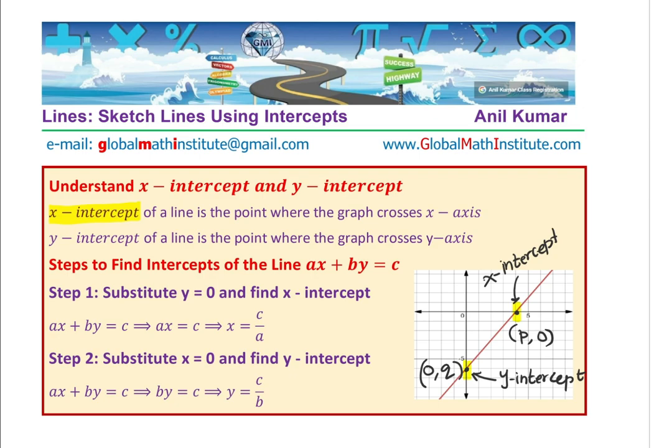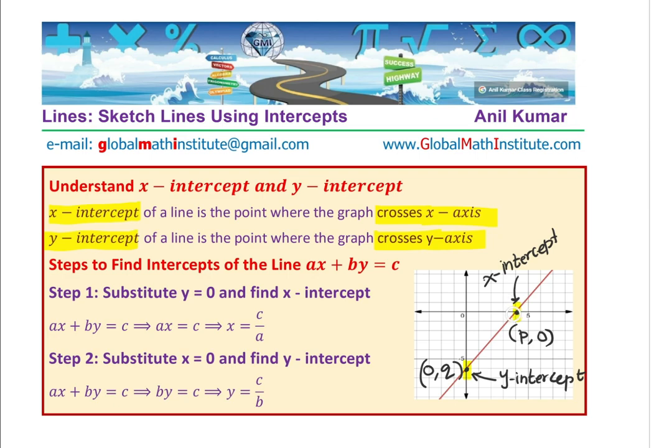So the x-intercept of a line is a point where the graph crosses the x-axis, and the y-intercept is a point where the graph crosses the y-axis. This is a common definition which can be used for any curve. Curves can also turn, so that is a kind of difference. Here, a line will definitely cross, and therefore we have used the word crosses for the x-axis and y-axis, for x and y intercepts.